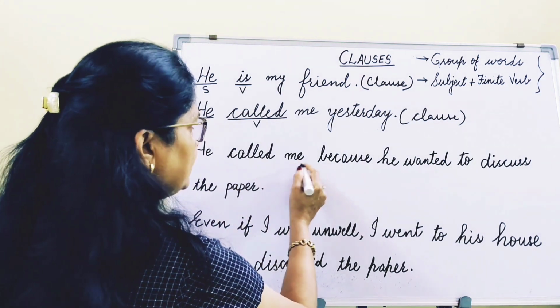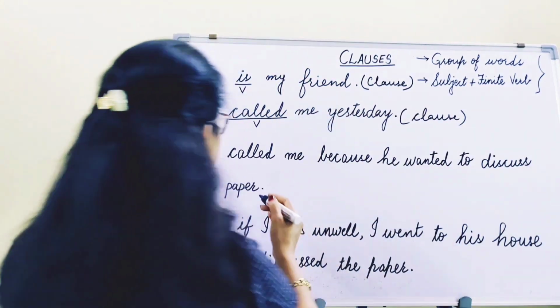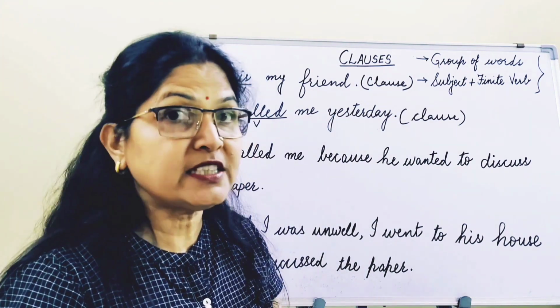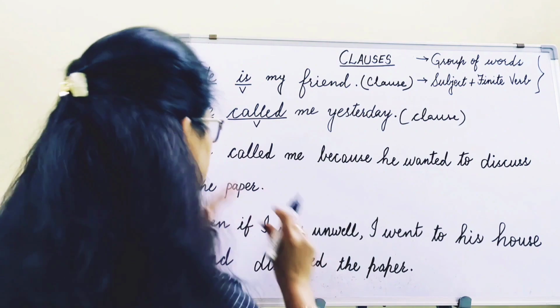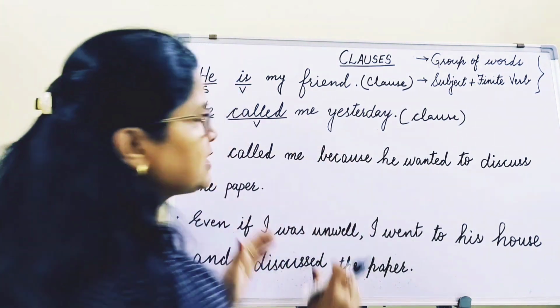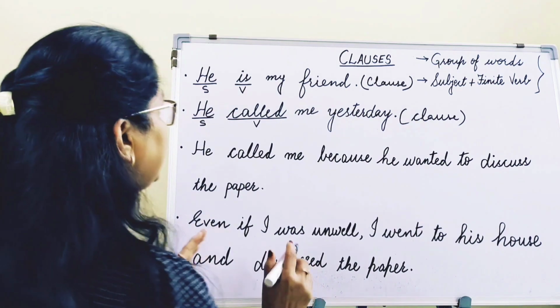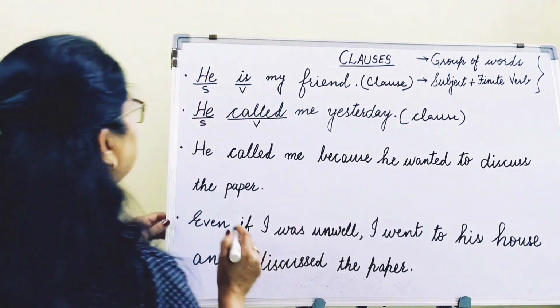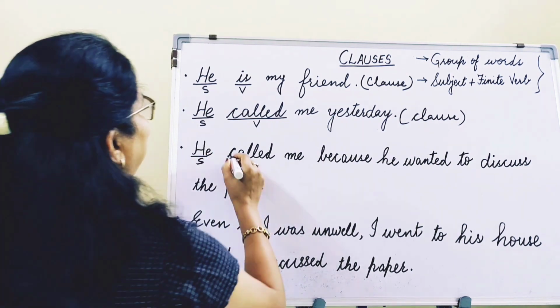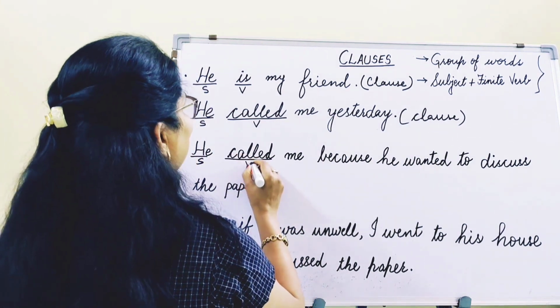He called me because he wanted to discuss the paper. Now let us check how many clauses in this sentence. This is a sentence. Undoubtedly, it's a sentence because a whole structure is giving a complete sense. Okay, now let us see how many clauses are there. He, one subject, called, one verb.